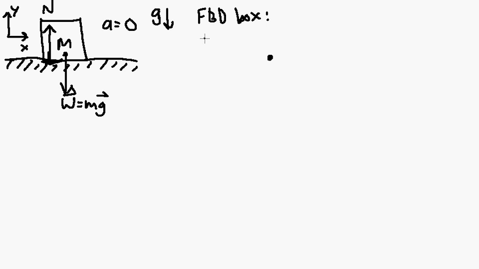So y, x, and now we want to look at what the forces are, and we draw them all as arrows, pulling on our box. So there's our weight equals mg, and our normal force.